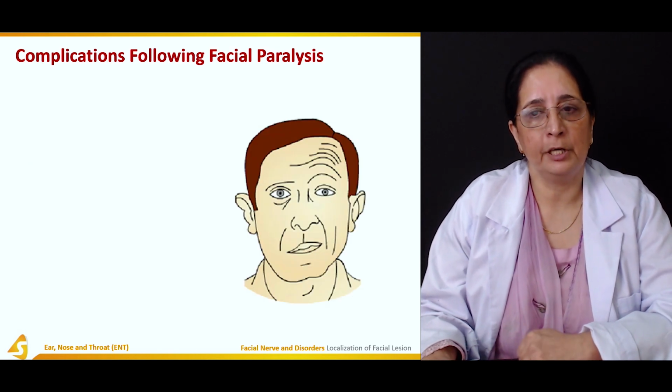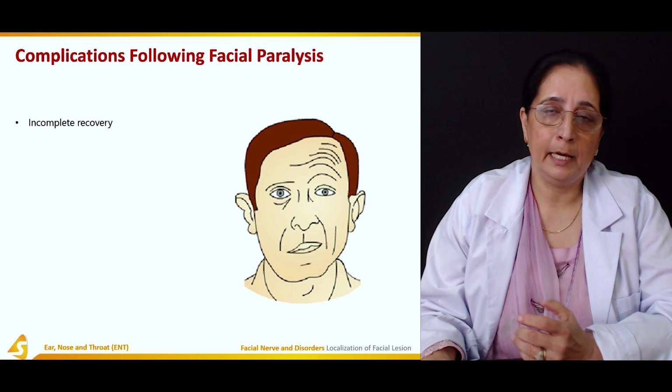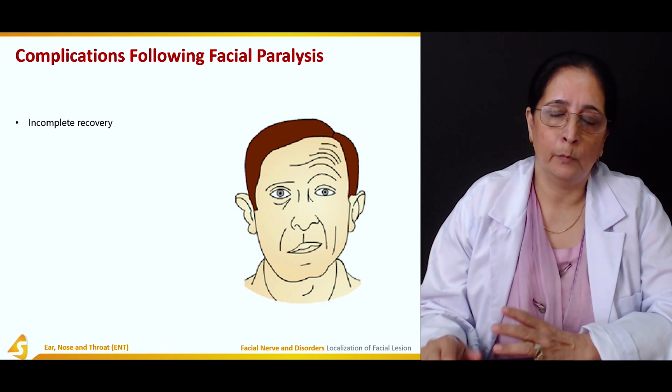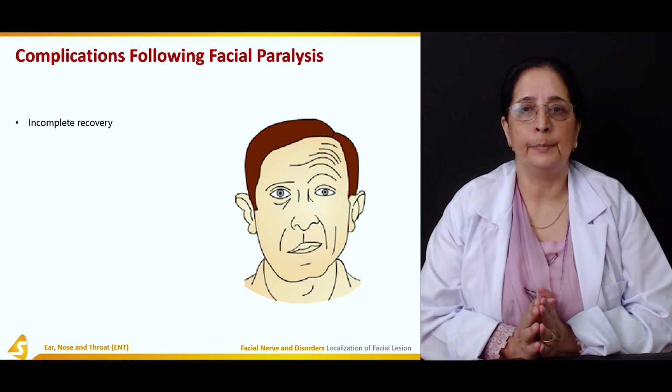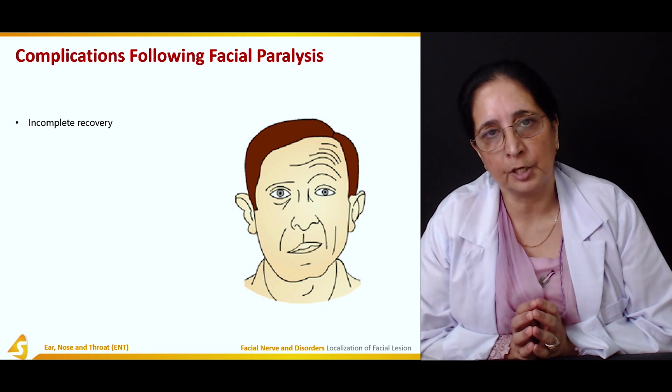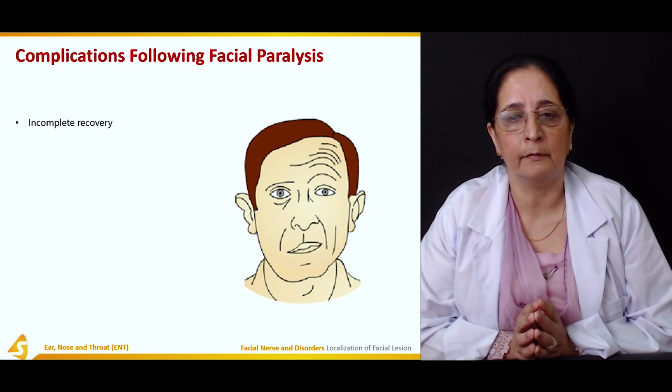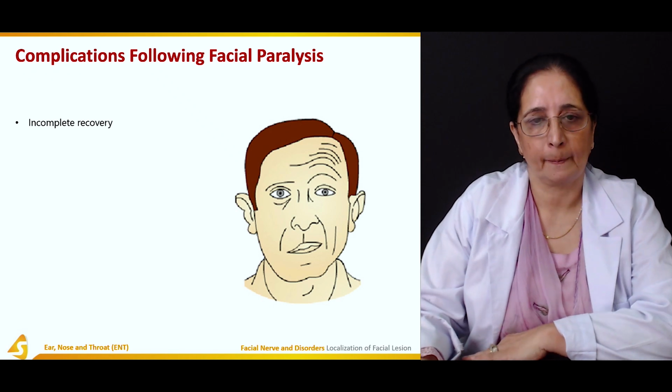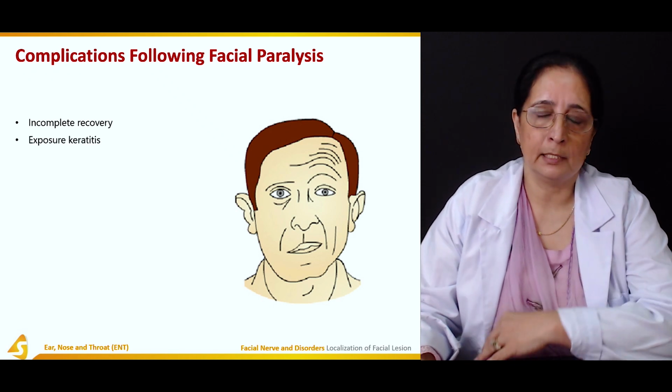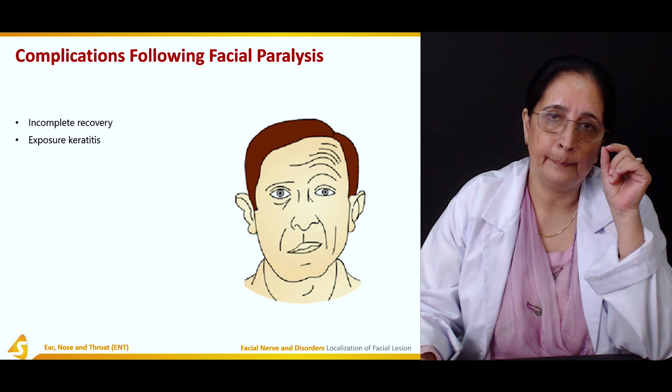Complications following facial paralysis. Incomplete recovery. Most of the time it is completely recovered, but there are chances that it might recover incompletely. Exposure keratitis, because of incomplete closing of the eyes.